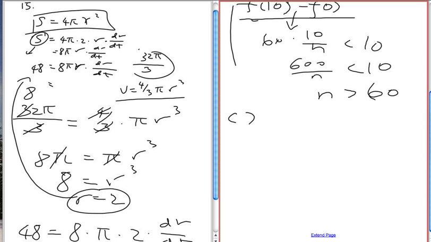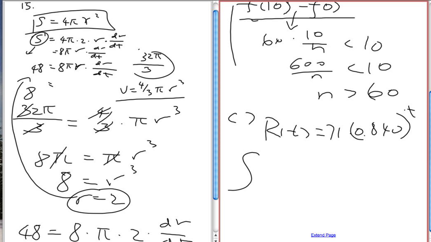Suppose you are now informed that the rate of flow was exactly R(t) equals 71 times 0.840 to the power of t. So here we go. We are using integral to calculate the rate of change.